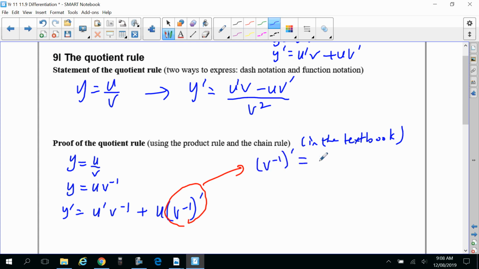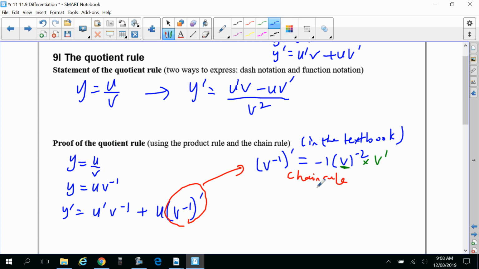To differentiate, you bring the -1 down, v to the power -2. This is using the chain rule. And then you have to dash what's inside, v dash. Bring the -1 down, subtract the power by 1, dash what's inside the bracket.